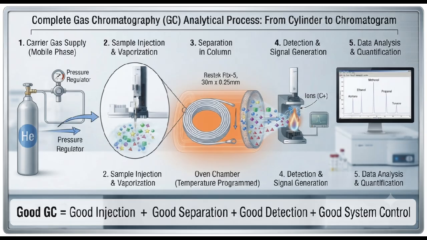The separated compounds reach the detector at different times. The detector converts their response into an electrical signal. And finally, the software converts those signals into the chromatogram, to be used for identification and quantification. That is the complete journey of a sample through gas chromatography.